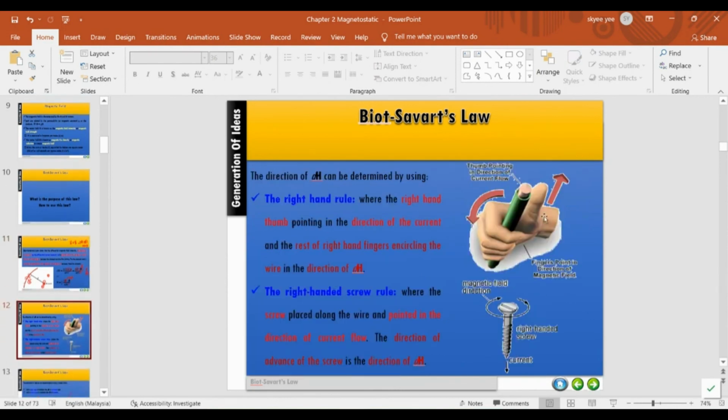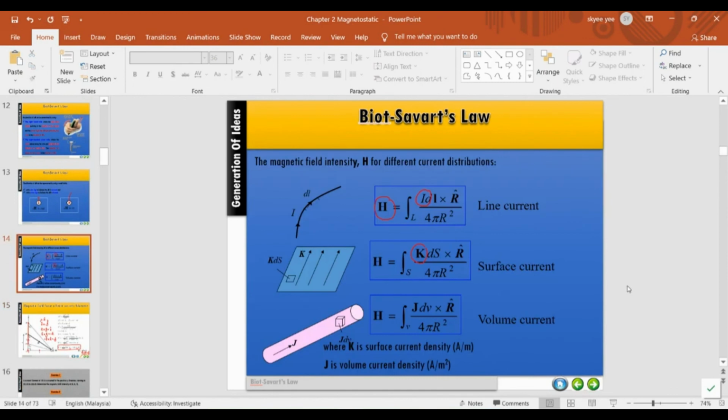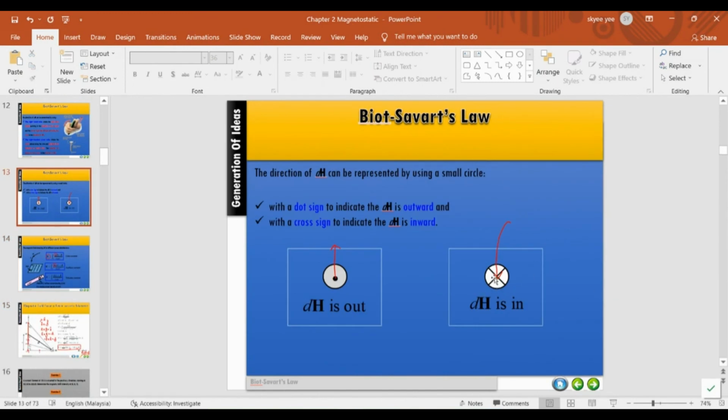You can determine the direction of the magnetic field by using your right hand rule. The thumb points in the direction of the current flow, while the other four fingers show the direction of the magnetic field. When the symbol is a cross, it shows that the magnetic field is going in the page.